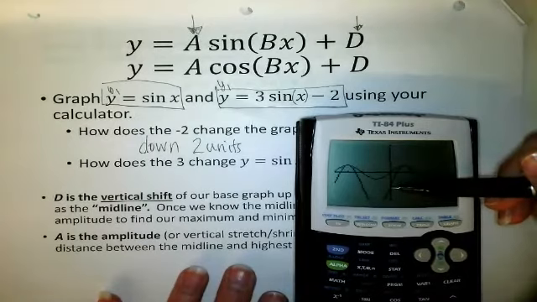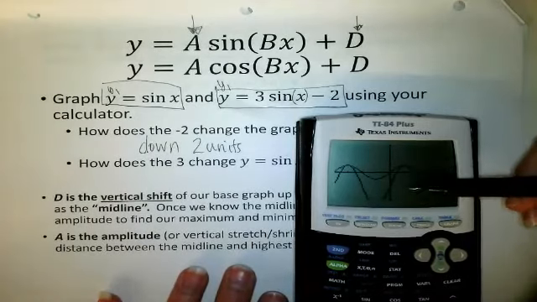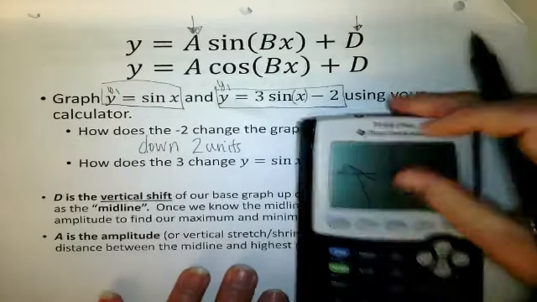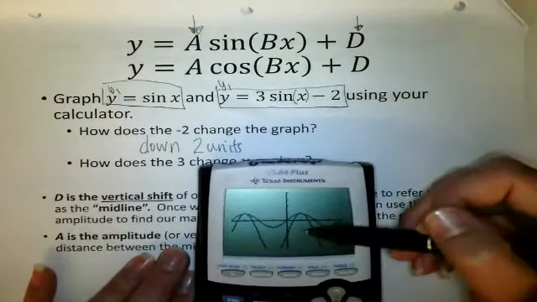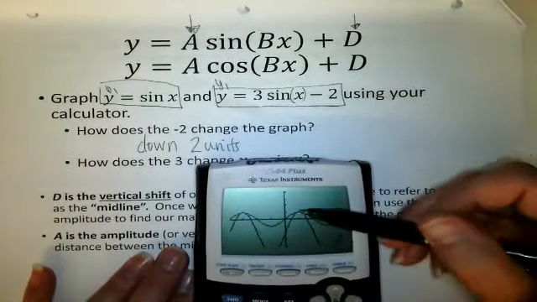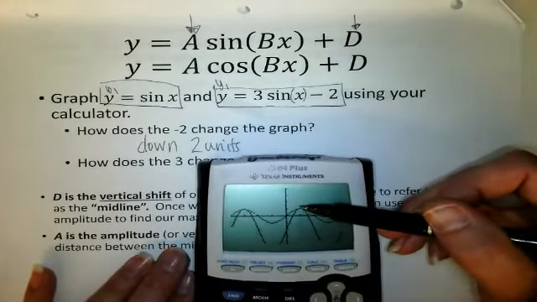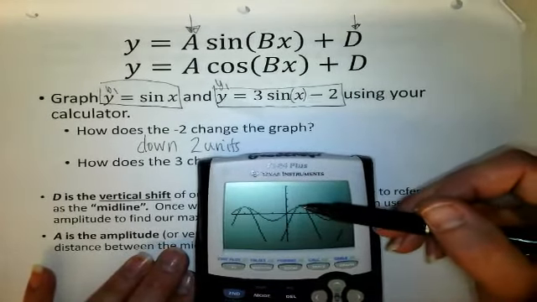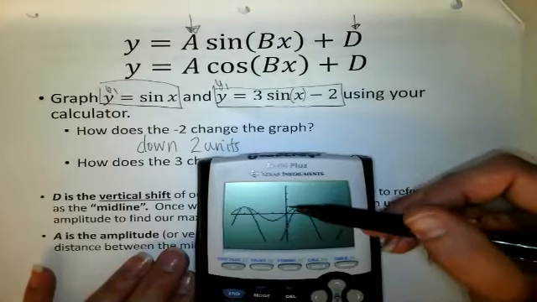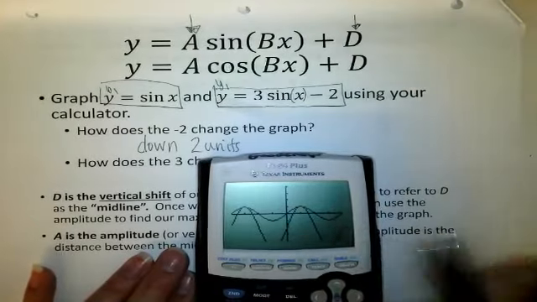To go from our starting point here, it's 3 times as tall. What's the range, do you think, of this function? How high does it go and how low does it go? It goes all the way up here to 1. How low does it go?